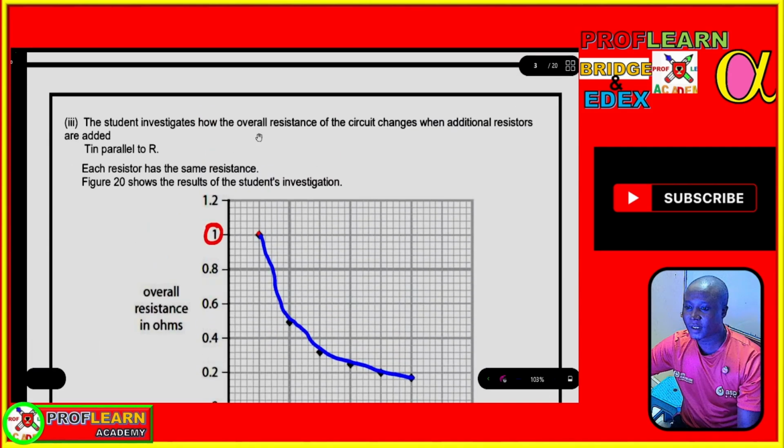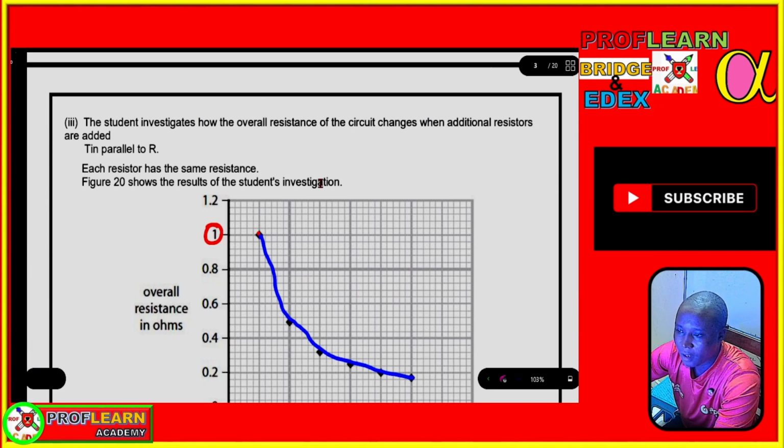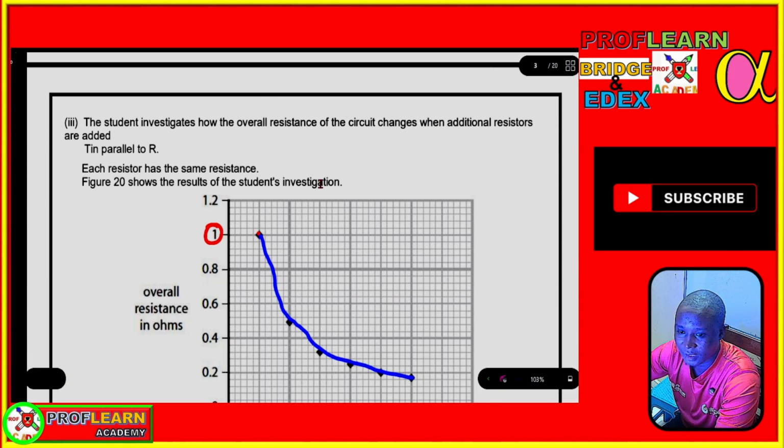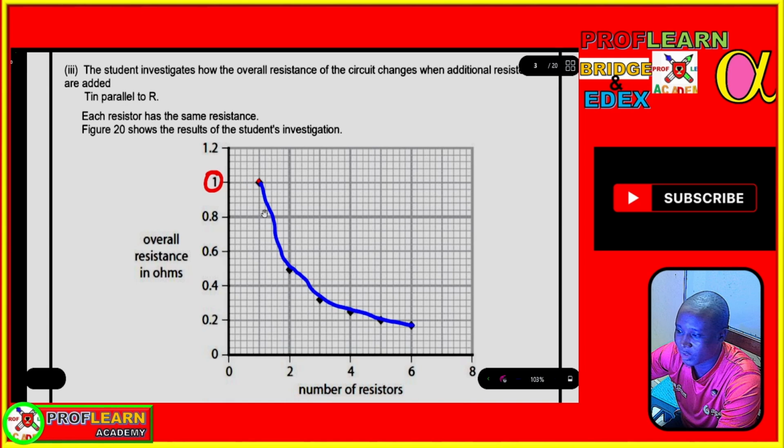A student investigates how overall resistance changes when additional resistors are added in parallel to R. Each resistor has the same resistance. The figure shows the result of the student's investigation.